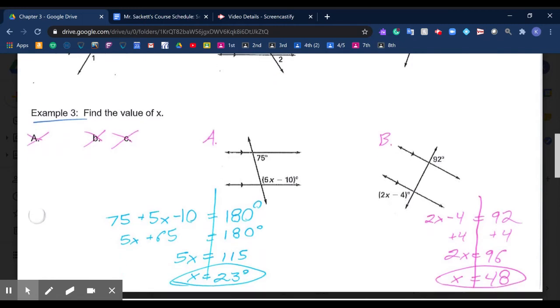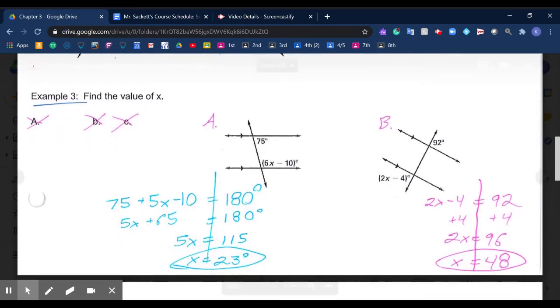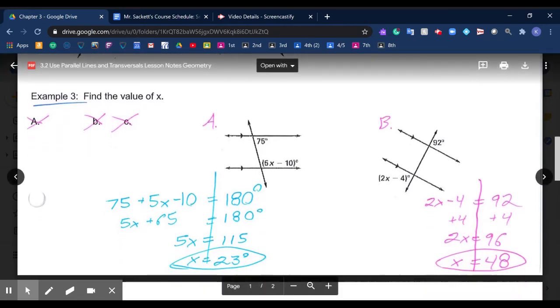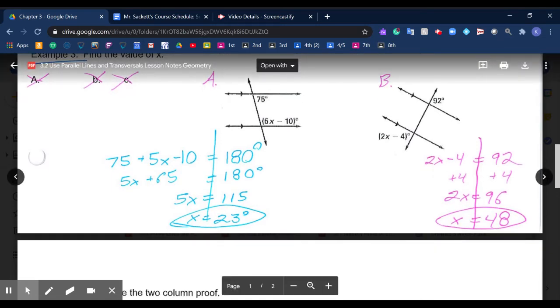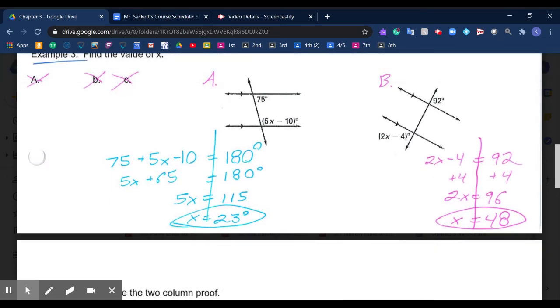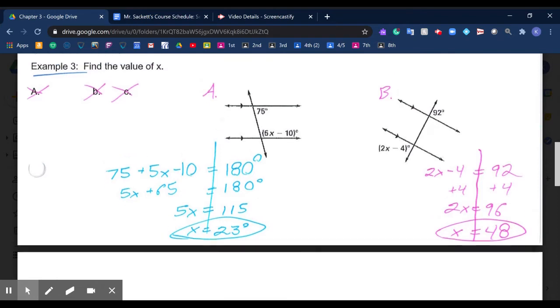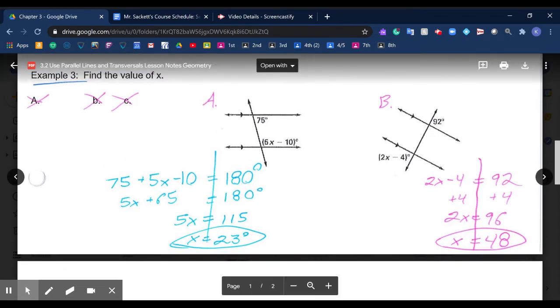Then we have example 3, which says find the value of x. So we have part A and B here. In part A, we have 75 plus 5x minus 10 equals 180 degrees. So how did we get that? Well, we got that from looking at this image here.